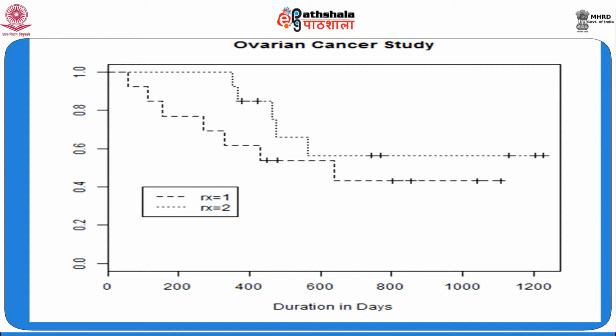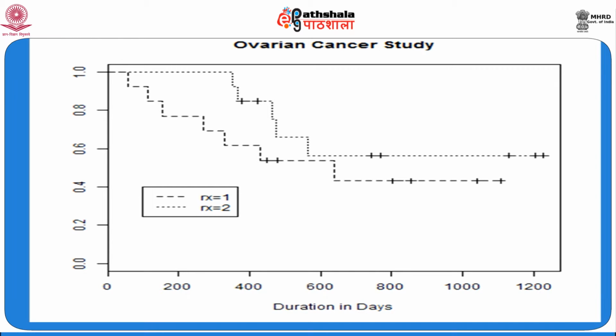When time is 0, survival is 1, that is, at the initial period all patients have a 100% chance of surviving. Once time keeps increasing, the probability of survival keeps decreasing.